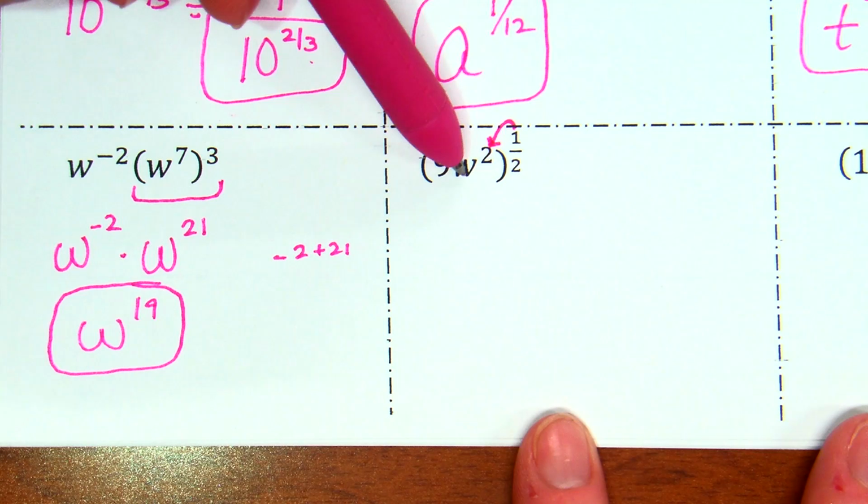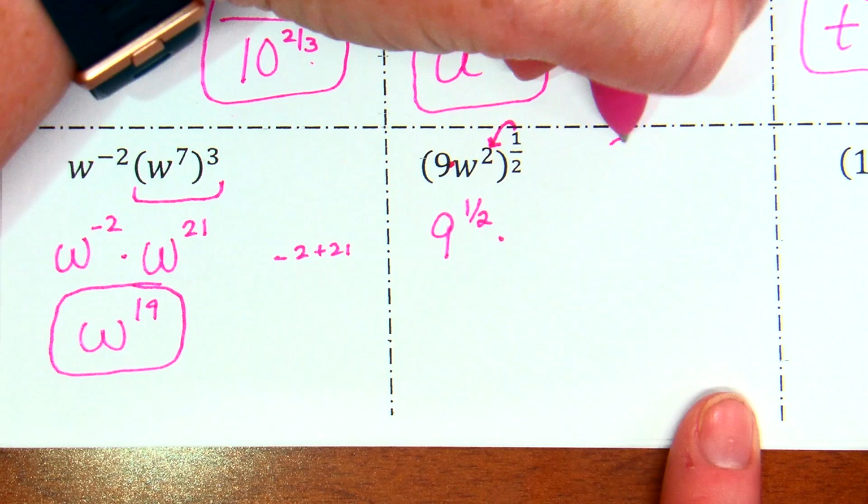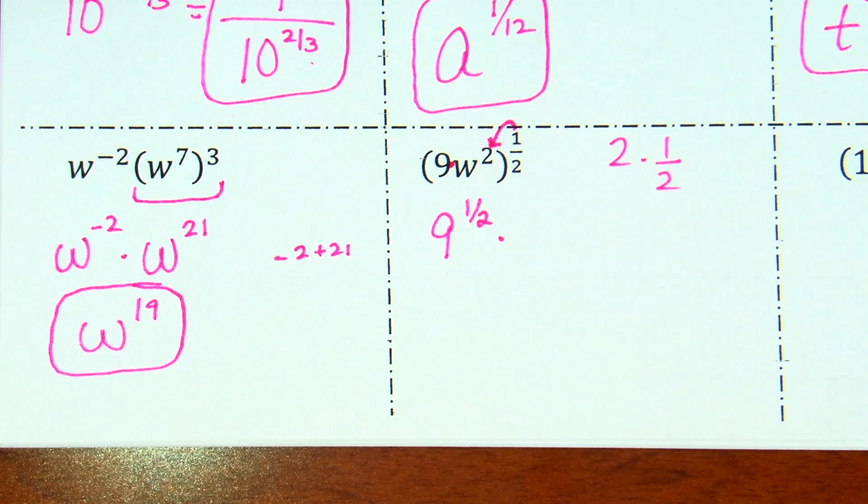Meaning I'm going to have 9 to the 1/2, and then W squared raised to the 1/2. What do you do with a power raised to a power? We multiply. What is it? 1/2 times 2. What's half of 2? 1. Okay. So that's going to be W to the 1st.